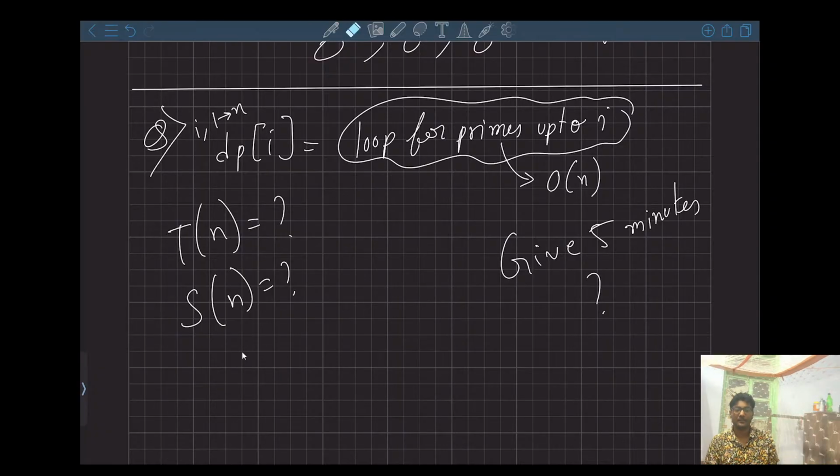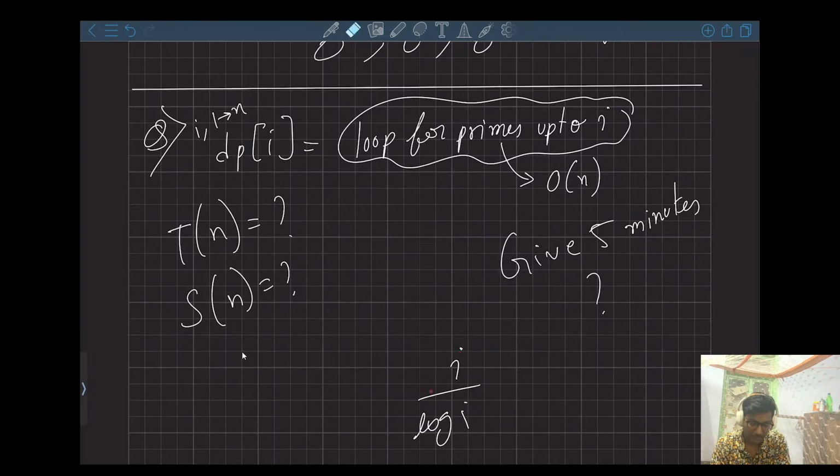So let's come back. So look for primes up to I. The number of primes up to I is approximately I by log of I. And we can approximate I as n by 2, right?